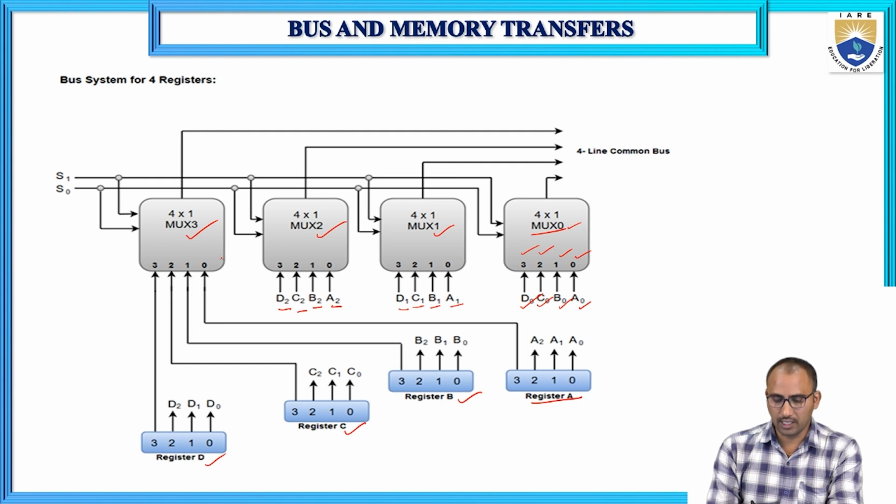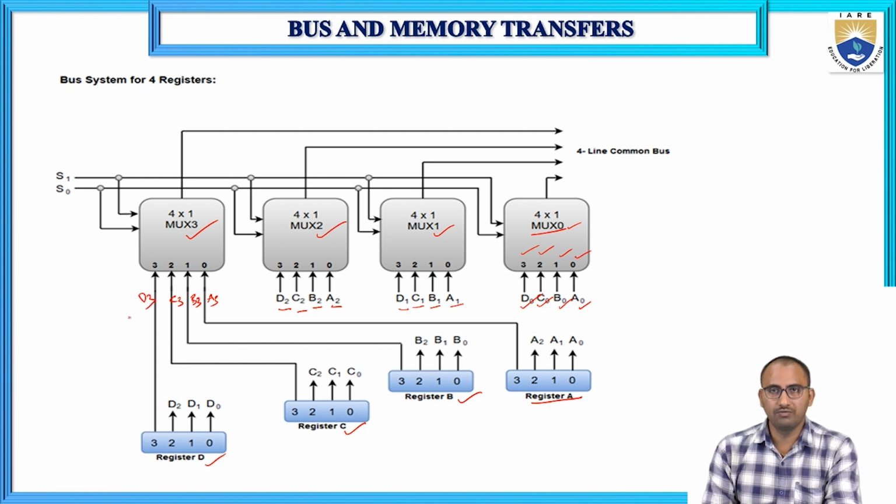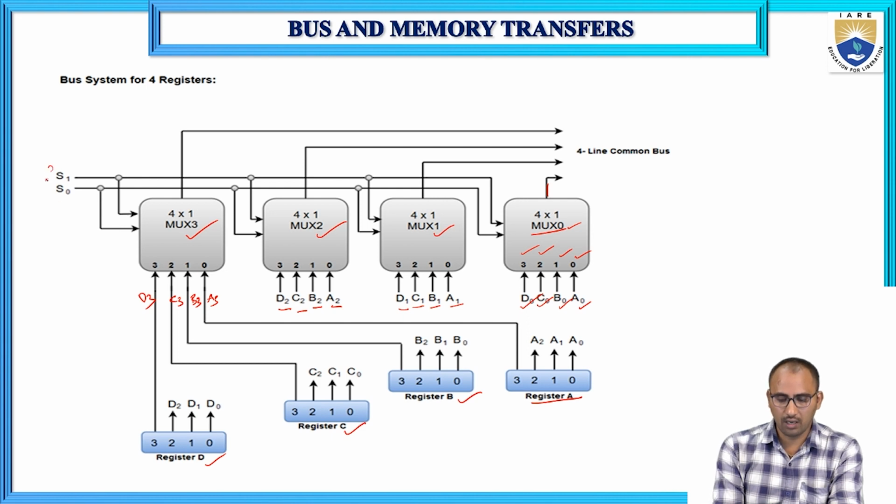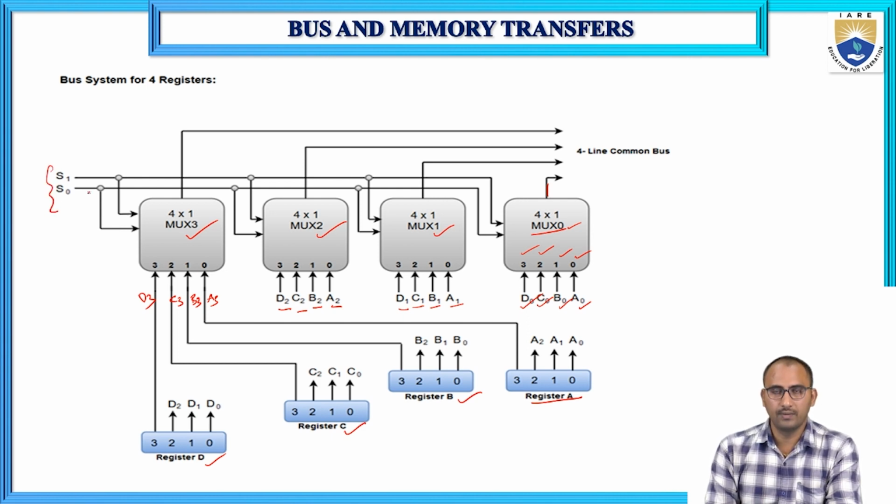And multiplexer 3 has A3, B3, C3, D3. These are the inputs for every multiplexer, along with the outputs and the common selection lines. The selection lines are common for every multiplexer, and every multiplexer has 2 selection lines, S0 and S1.